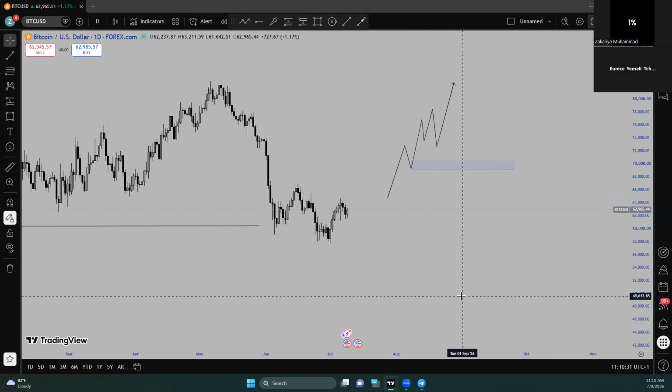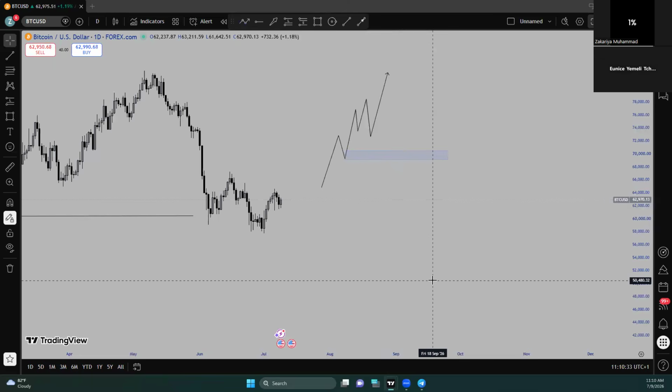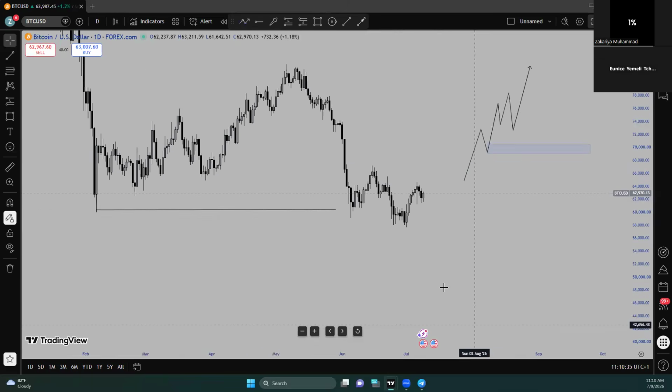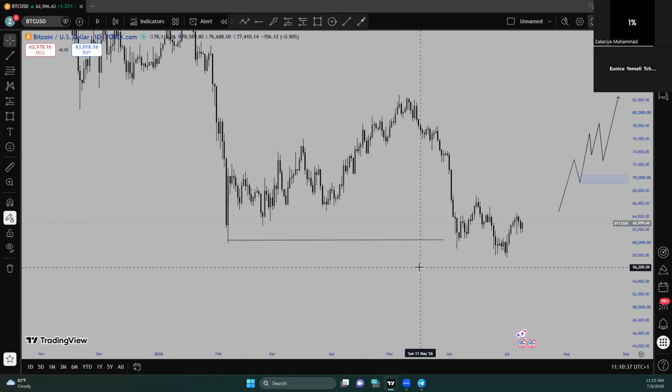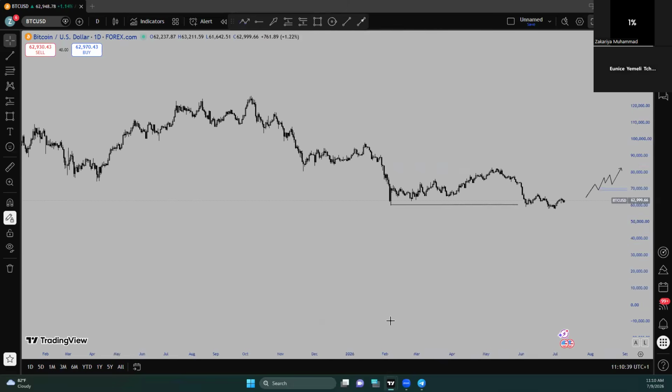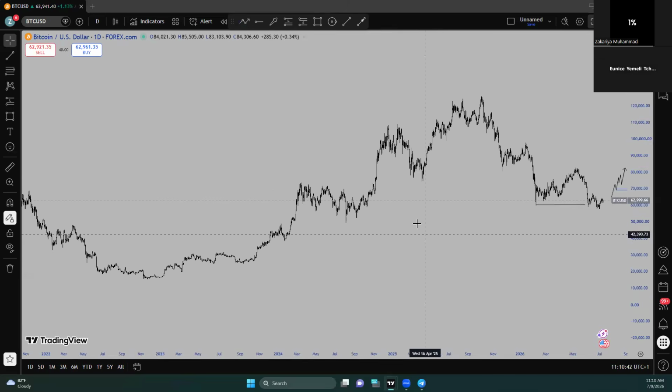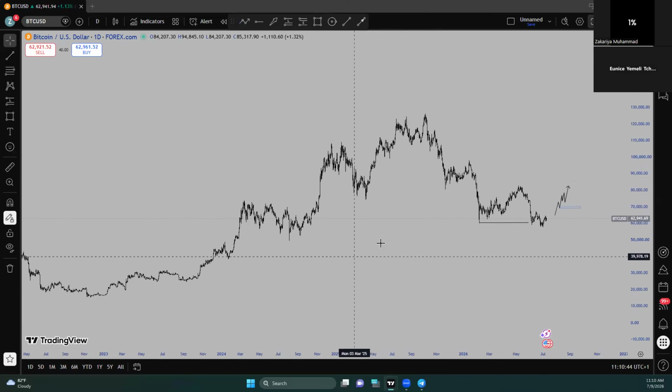We will not be expecting correction moves to come from any random zones. So after breaking structure to the downside, we know that if we go to the higher time frame, in the previous price action there are zones that the market has not used when it was buying up. Example, this order block.